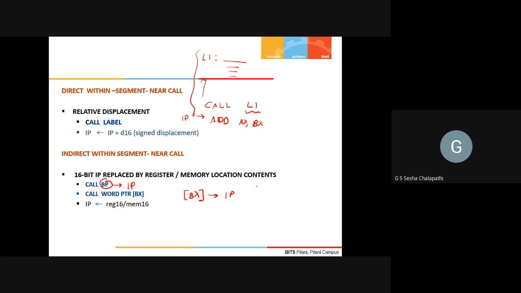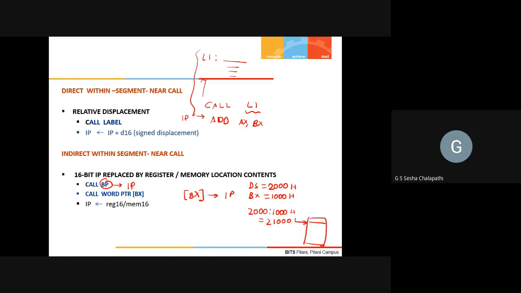Let us say the DS value is 2000 and the BX value is 1000H. So it will go to location 2000:1000H, which is nothing but 21000H. It will go to that particular location.